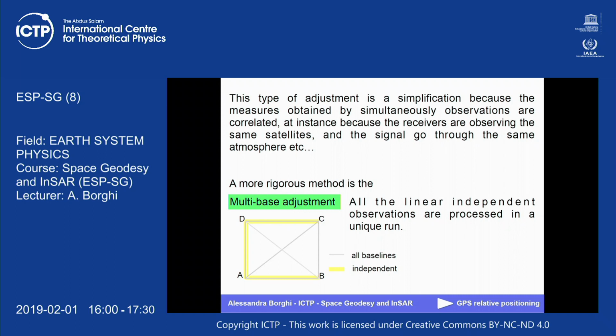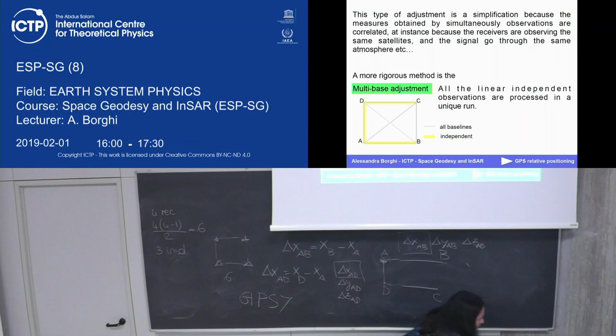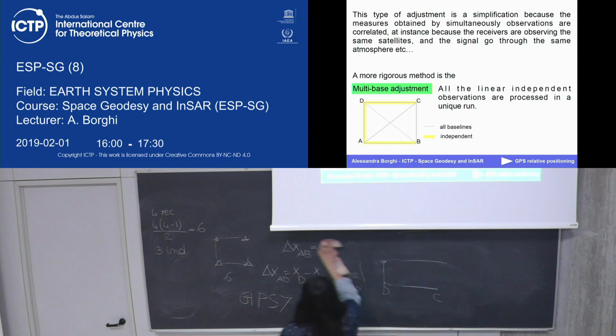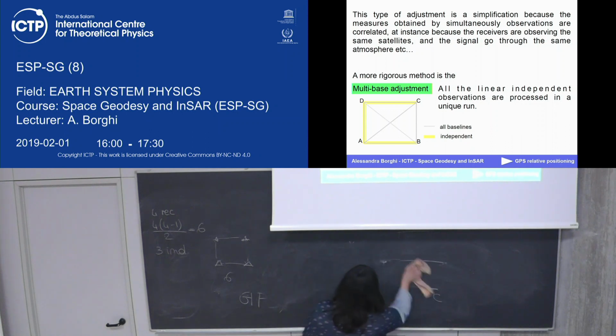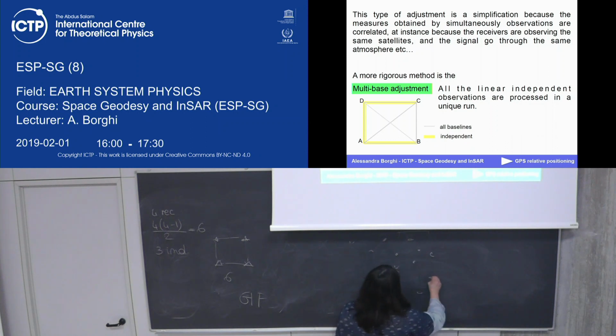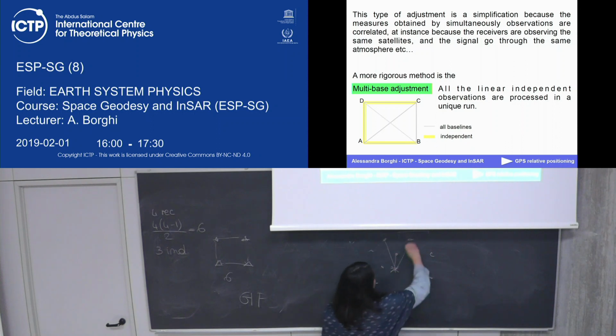So if you have a network with the stations, you can say, okay, this is the station that I want, and you can connect all these stations with this point.